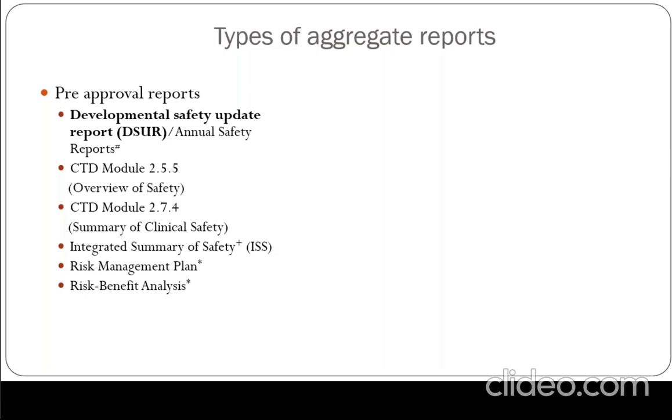And the integrated summary of safety, for example, is more of a US specific report. So I will not go into much detail on that, considering the scope of this presentation. Our focus with respect to pre-approval reports will be dedicated towards the DSUR.